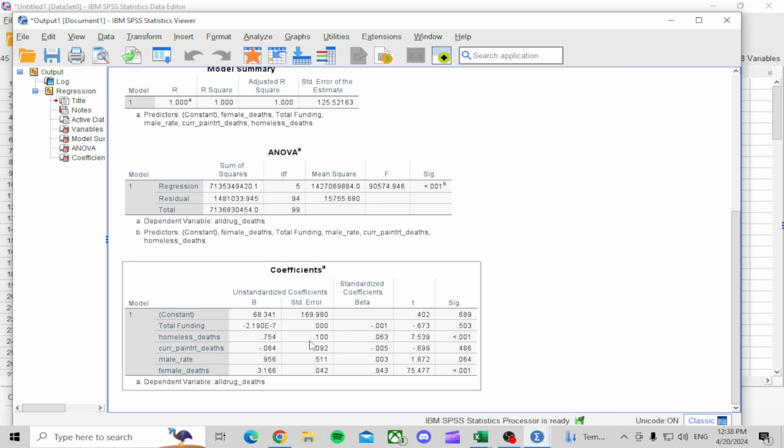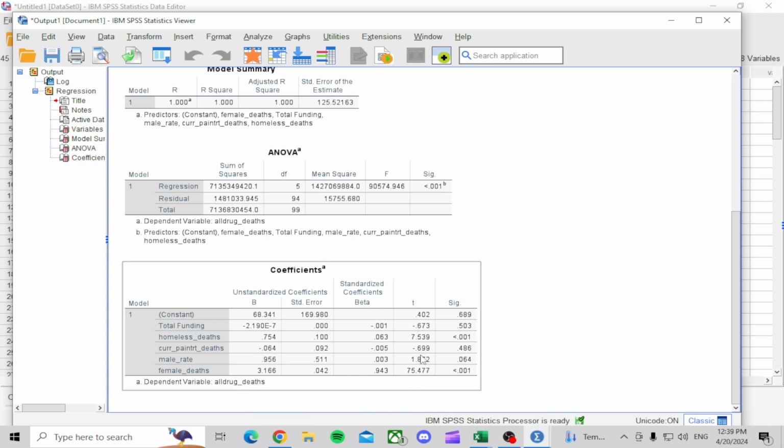We go down here to our coefficients table, and we have our variables here. Here's that constant, our intercept. Here's our funding, homeless, current painkillers, male and female deaths. Our dependent variable is listed as all drug deaths, like we did.